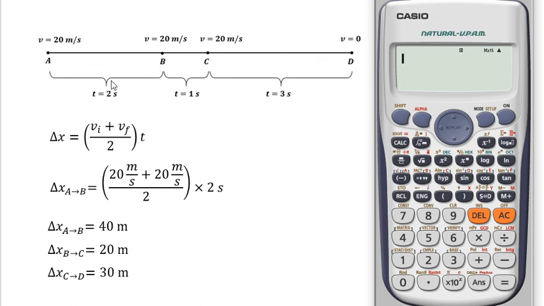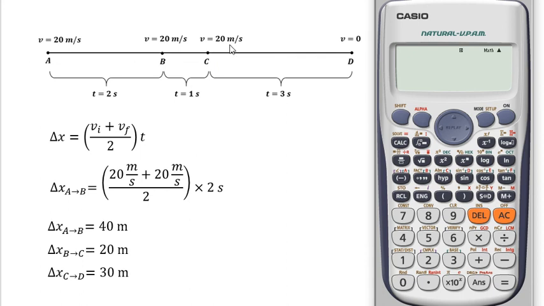So we have 2 seconds for segment A to B, 1 second for B to C, and 3 seconds if you will travel from point C to D. The velocities are given as well. So for A, B, and C, we have constant velocity of 20 meter per second.